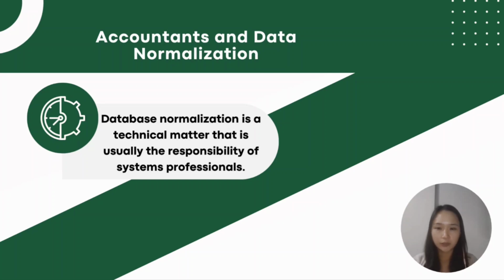The insertion anomaly can result in unrecorded transactions and incomplete audit trails. And the deletion anomaly can cause the loss of accounting records and destruction of audit trails. Although most accountants will not be responsible for normalizing an organization's database, they should have an understanding of the process and be able to determine whether a table is properly normalized.